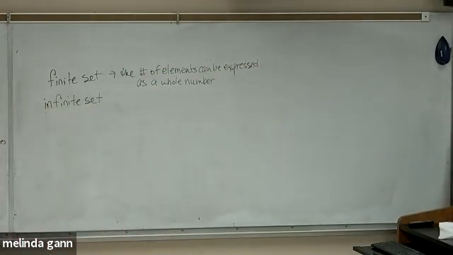Okay, the number of elements can be expressed as a whole number. So what that means is you could actually tell me exactly how many things would be in that set.